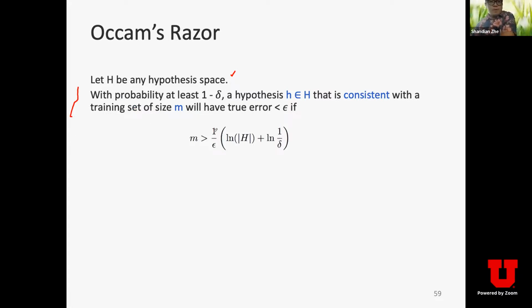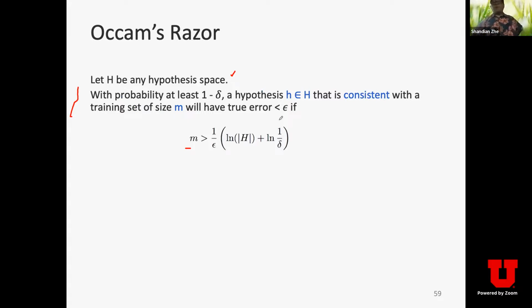So if your number of training examples, or training data set size, is bigger than this lower bound, then we claim that with probability at least 1 minus delta, your learned hypothesis will have true error less than epsilon.